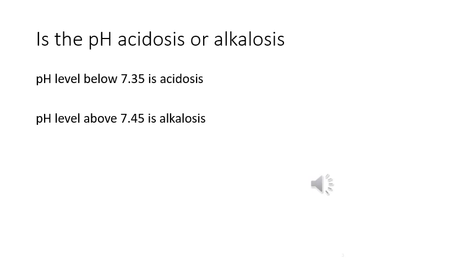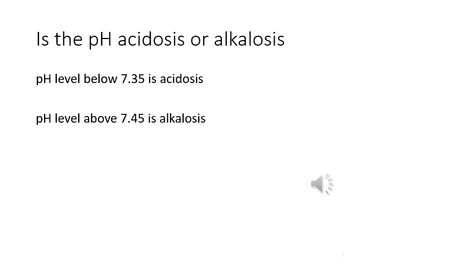Okay, so the next thing is to determine the acidity or alkalinity of the blood through the value of pH. The pH level of a healthy human should be between 7.35 and 7.45. The human body is constantly striving to keep pH in balance. If the pH level drops below 7.35, it's considered acidosis.